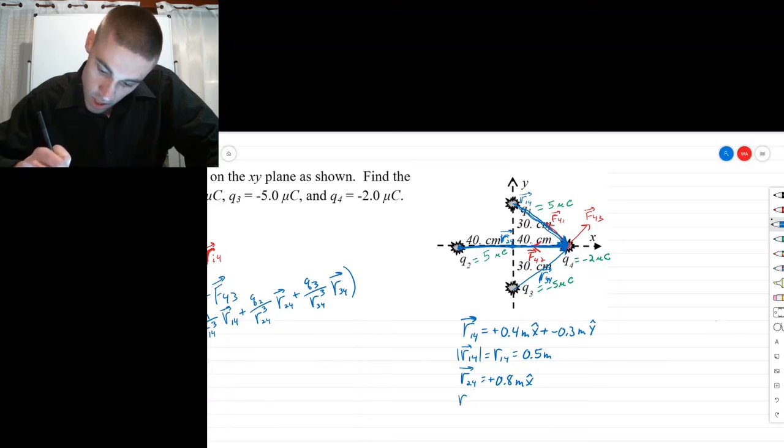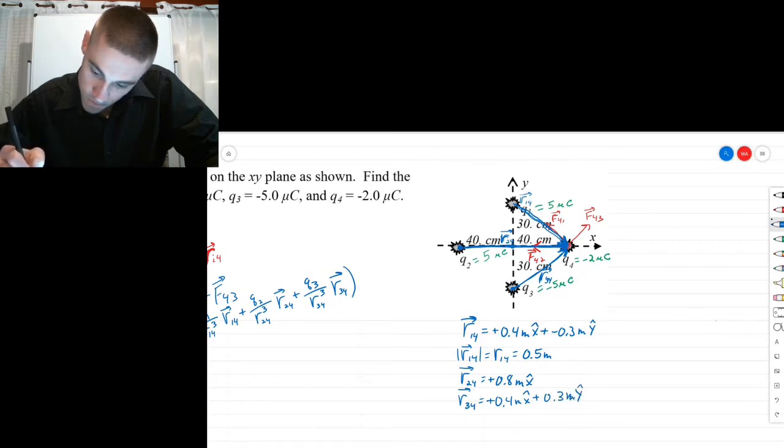Finally, we have R34. That is this vector here, extending from Q3 to Q4, which goes to the right 40 centimeters and up 30 centimeters, so it goes plus 0.4 meters x hat and plus 0.3 meters in the y hat direction.